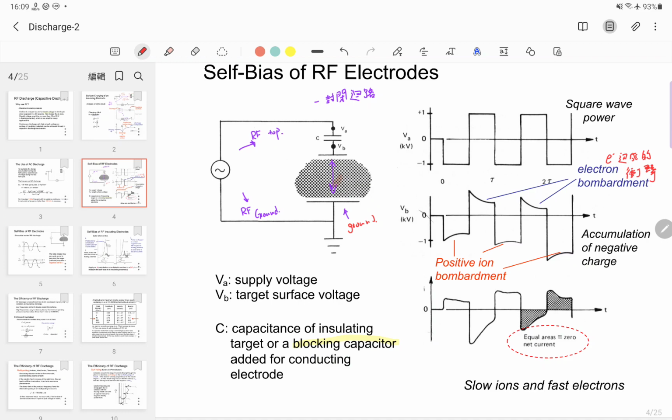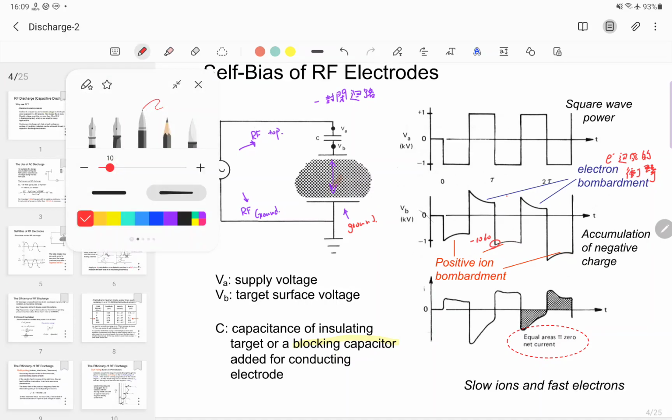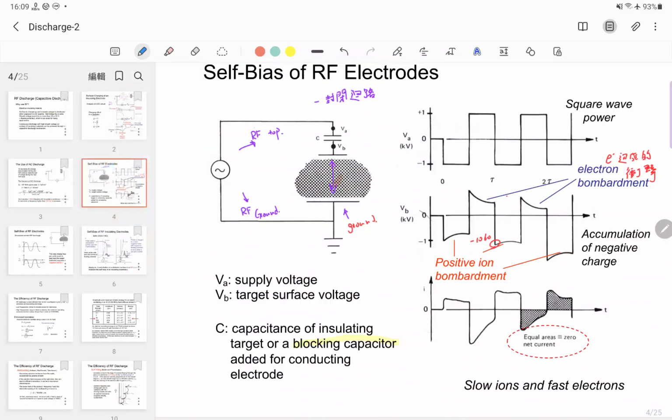So, for example, the potential of the electrode changes from 400 volts to minus 1600 volts. So these things happen. In this half cycle the electrode collects positive ions, and in another half cycle the electrode collects electrons.